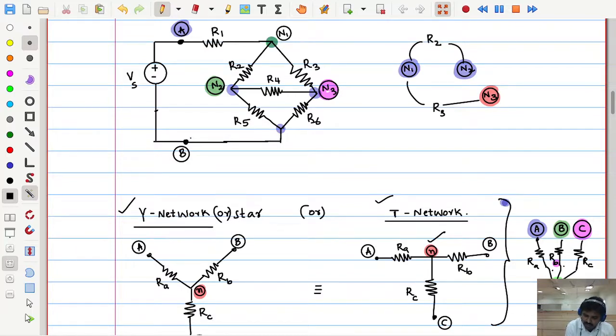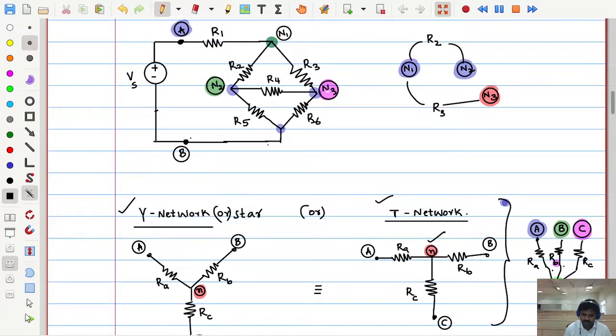Because R2, R4, R5 have a common node which is N2. Other ends of these resistors are connected at three different nodes. What are they? One is N1, one is N3, one is B. Similarly, can you see R3, R4 and R6 is also connected in star, for which the common node is N3, and three other different nodes are N1, N2 and B. So, these kinds of configurations we call star or Y or T network. We are just trying to identify what the network patterns are.